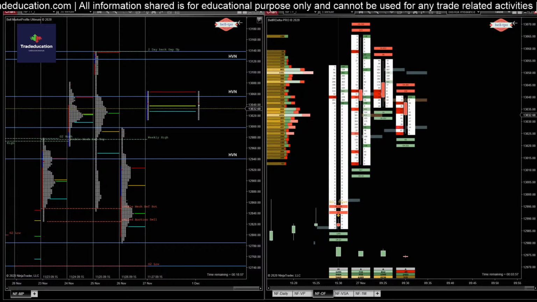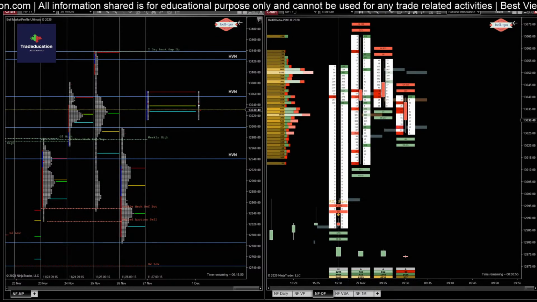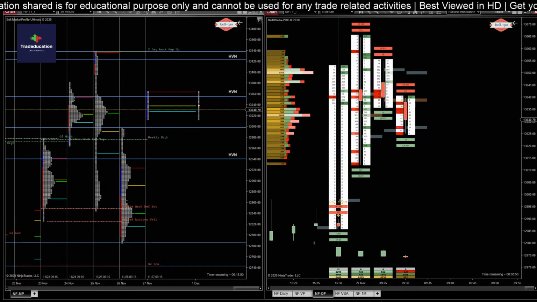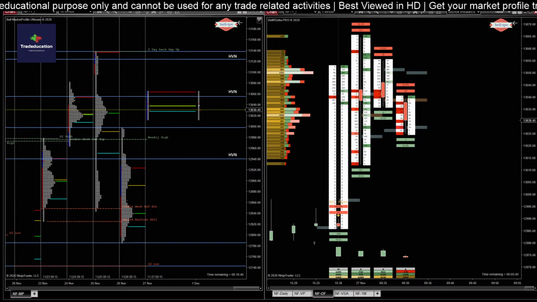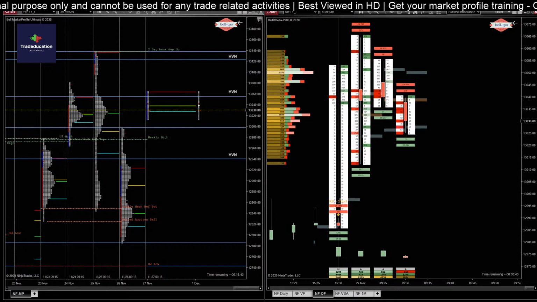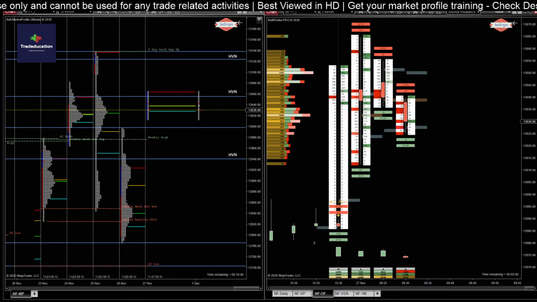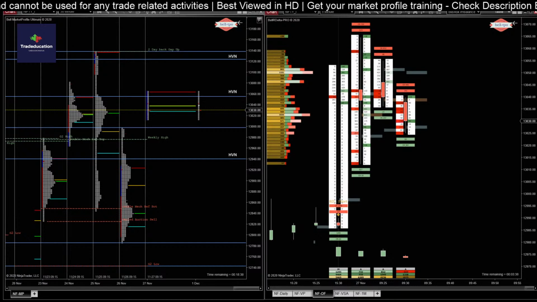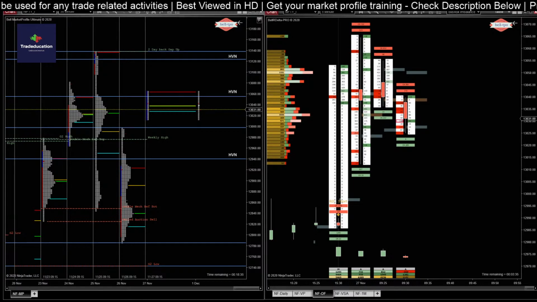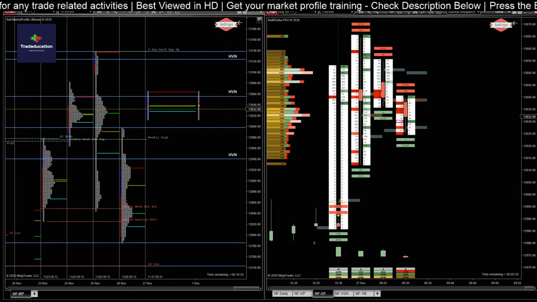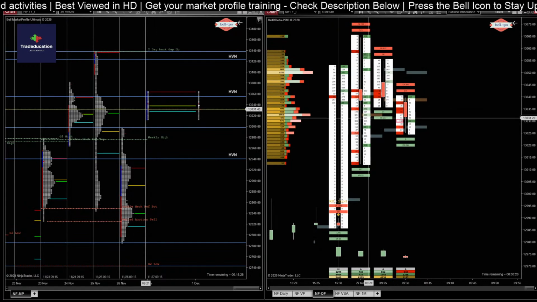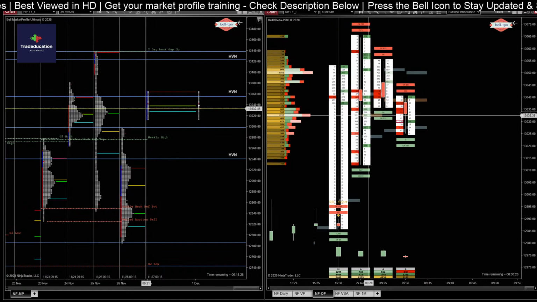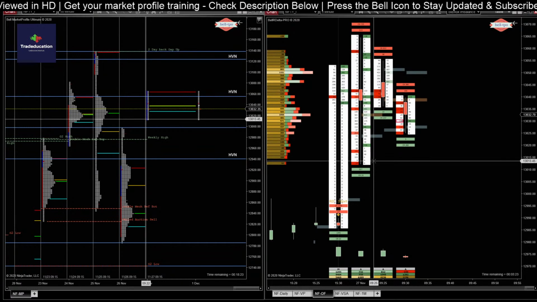Let me look at the spread. It's surprising, the spread is flat. This is where maximum buyers came in, and then buyers are just drying out.